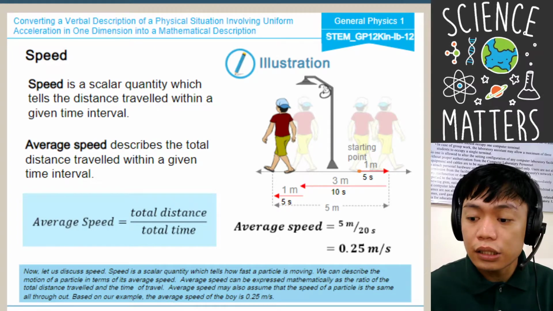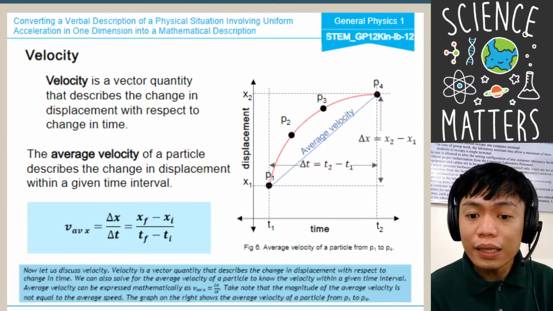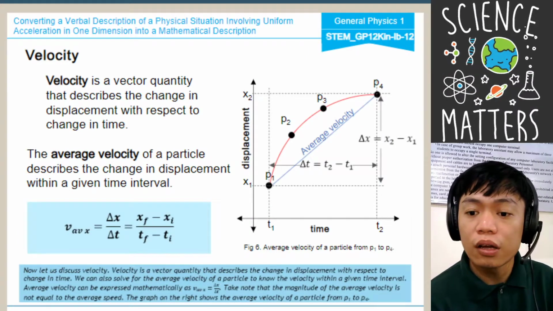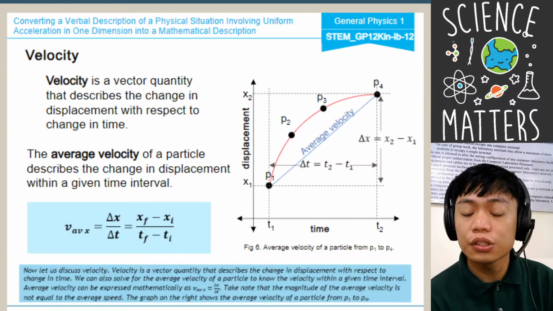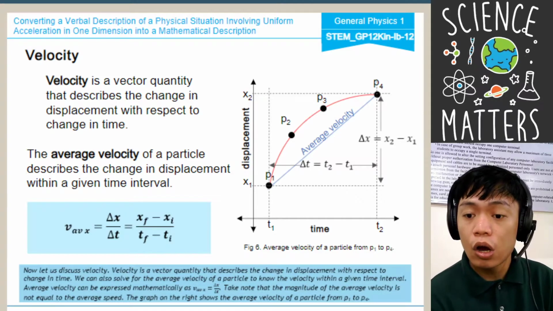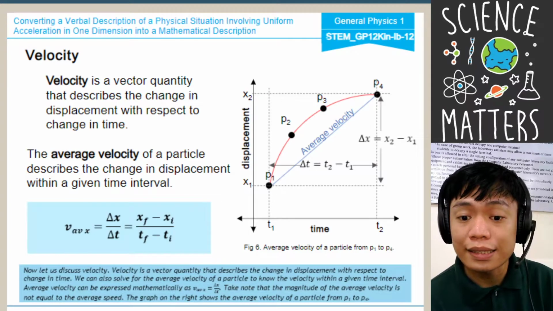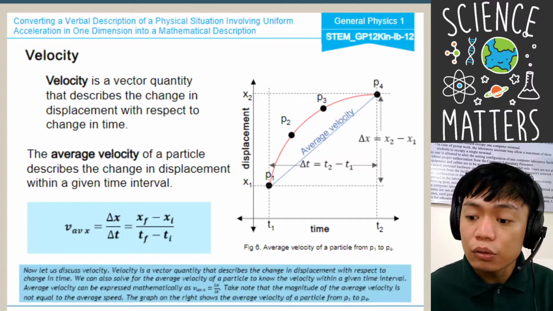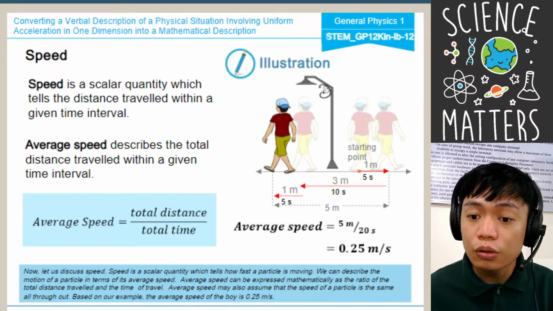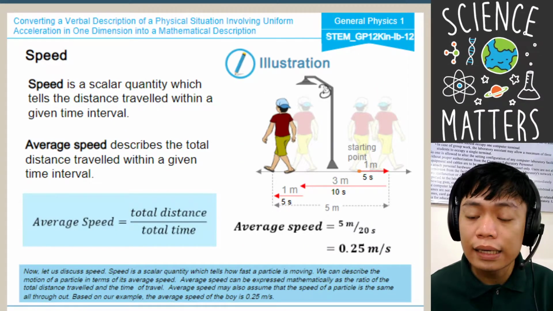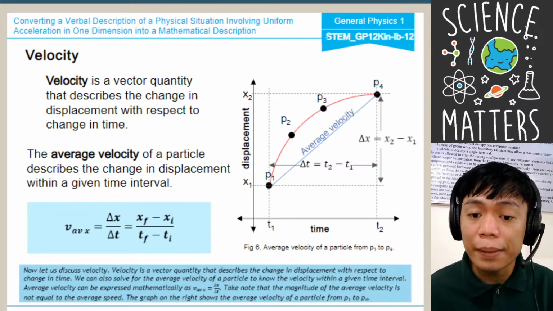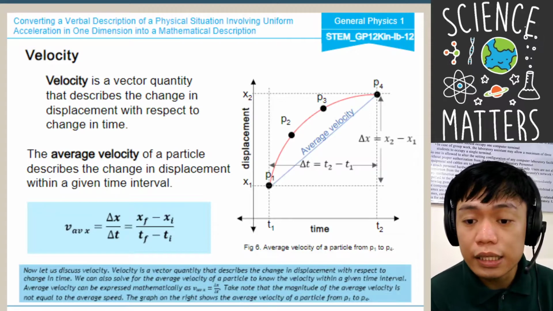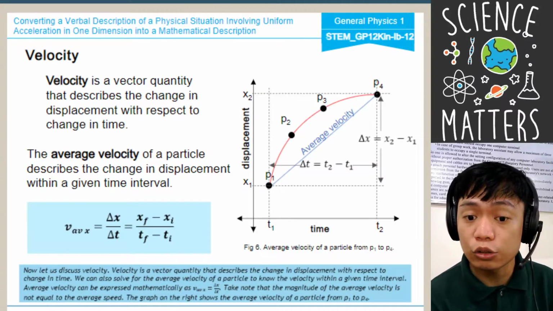So let's continue. What is velocity? Velocity is a vector quantity that describes the change in displacement with respect to change in time. Kanina pinag-usapan natin yung change, yung association ng distance sa time, at ngayon naman pag-uusapan natin yung change ng displacement with respect to time.